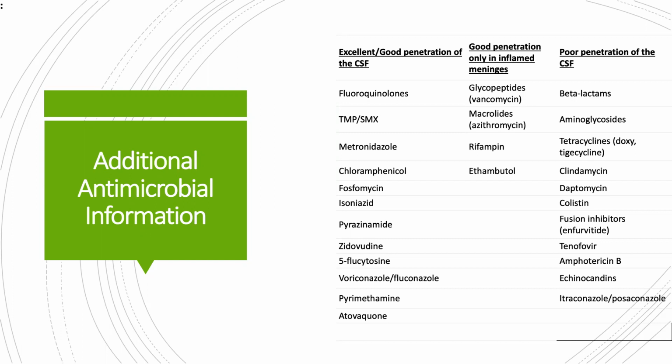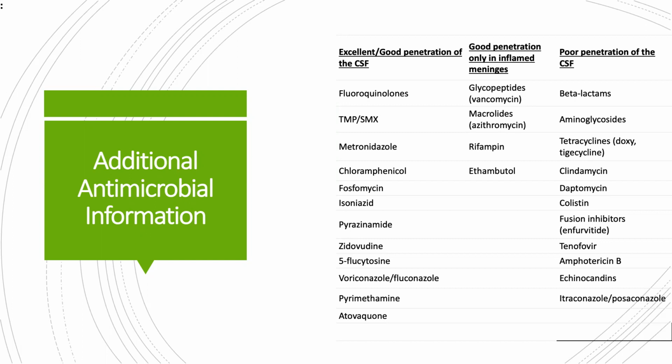Vancomycin is one of those drugs that only works well in inflamed meninges. So we want to be very careful about how we time the delivery of those steroids so that we can maintain that ability for those drugs to penetrate the meninges.